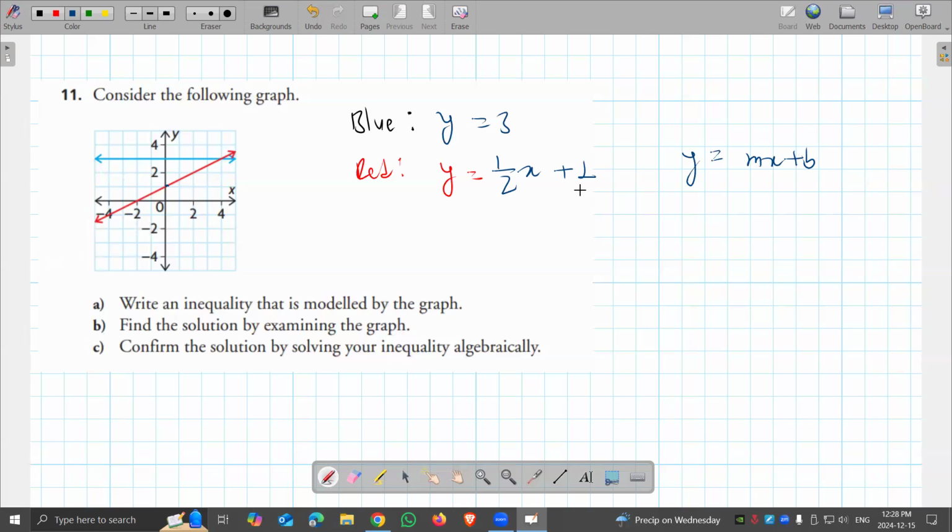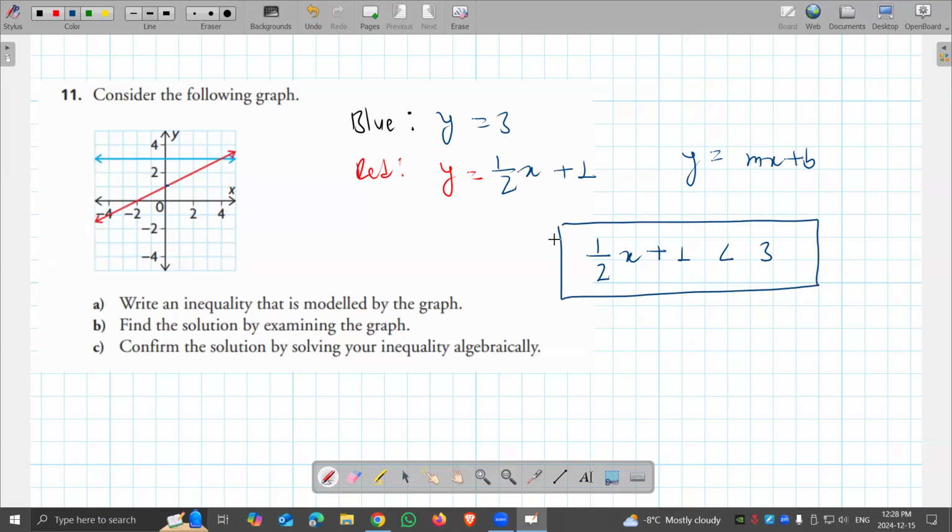So part A, write an inequality that is modeled by the graph. Maybe something like this.